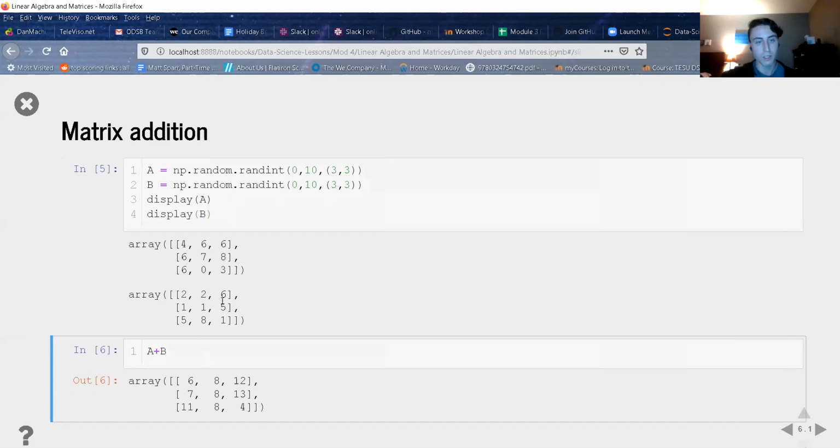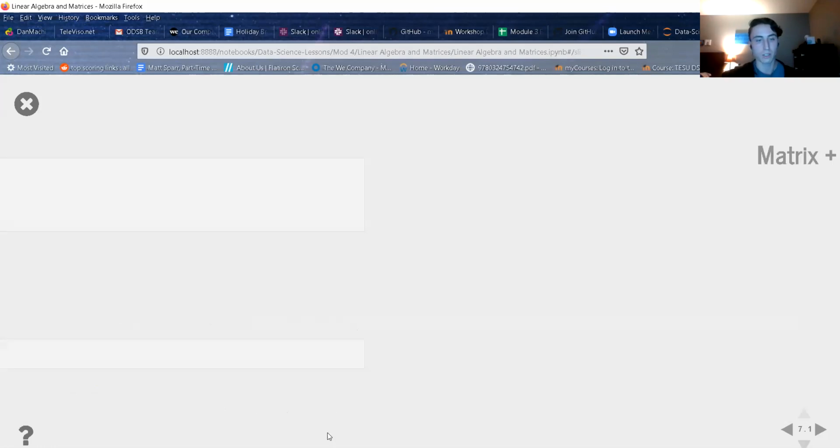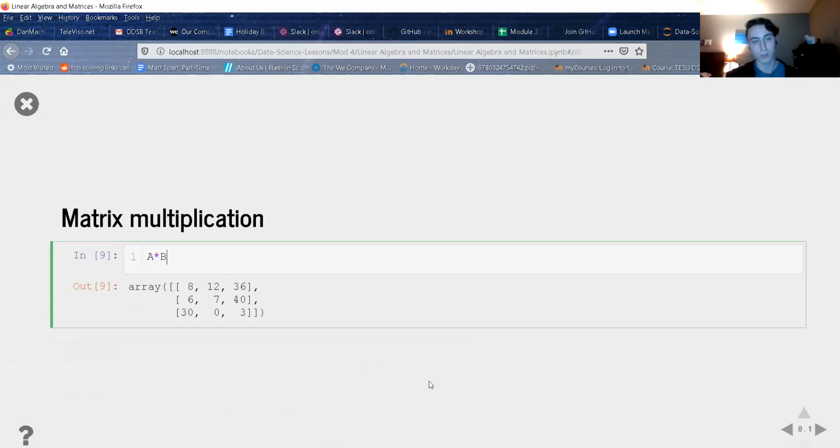So this is A and B. So normal, just plain old multiplication, you would think, you multiply the 4 and the 2, and then the 2 and the 6, and you end up with a 3 by 3 matrix again. So we can just confirm that here, and yep. You don't really use this too often, but it is still available just by doing the asterisk there.